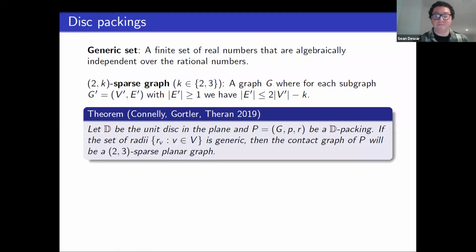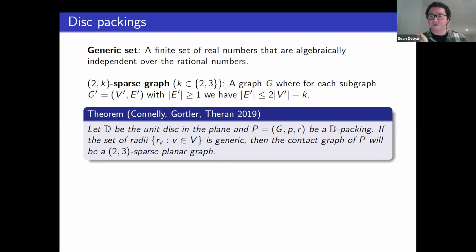Right. With disk packings, we got this quite nice result. So if D is going to be the unit disk in the plane, and P is going to be our disk packing, assuming that R, the radii, is a generic set, then the contact graph will have to be a 2-3 sparse planar graph.